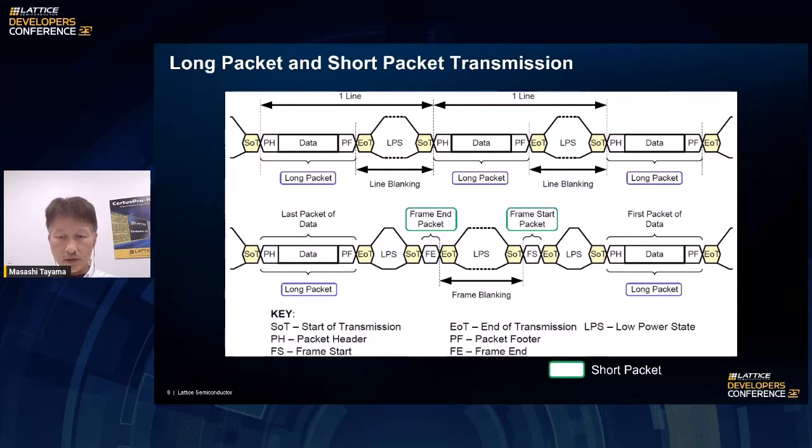Long packet data consists of packet header data and packet footer. End of transmission data is appended before going back to low power mode. Repeat this process until the end of the active video line. Short packet is usually used to indicate the boundary of the frame data, like end of frame and the beginning of the frame.